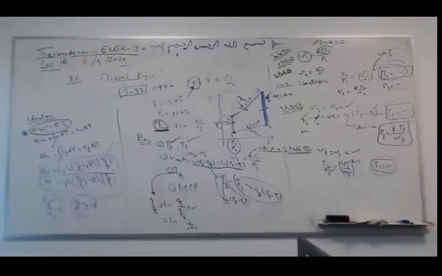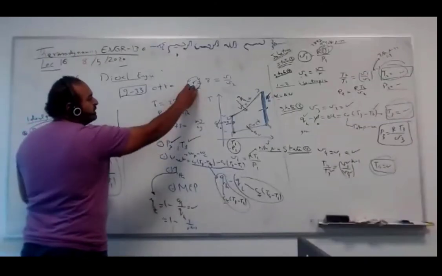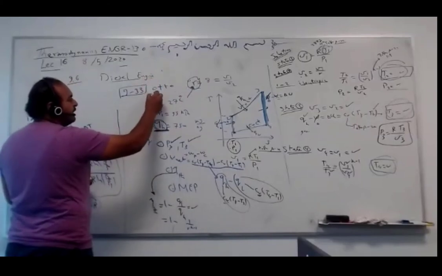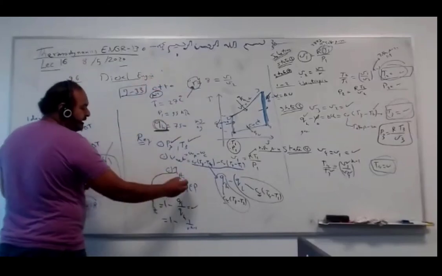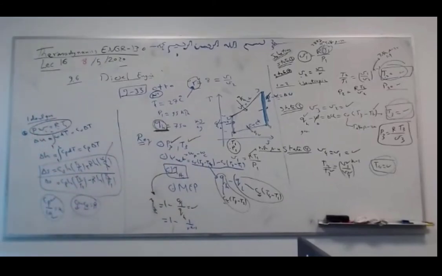So if you have this problem, and you are given all this data, even only this, and of course you get K from Table A-2 for air, you can get eta thermal in 1 minute. Does it take more than 1 minute, guys?